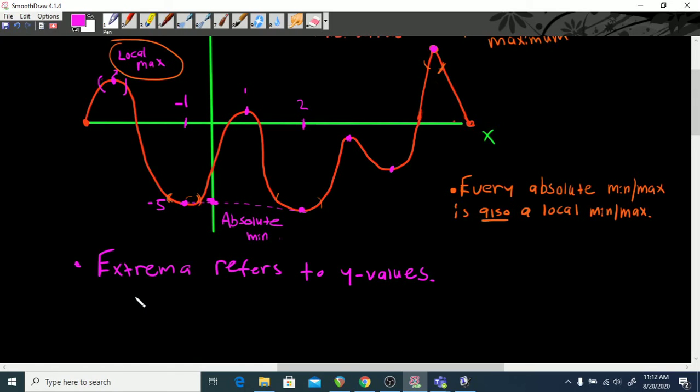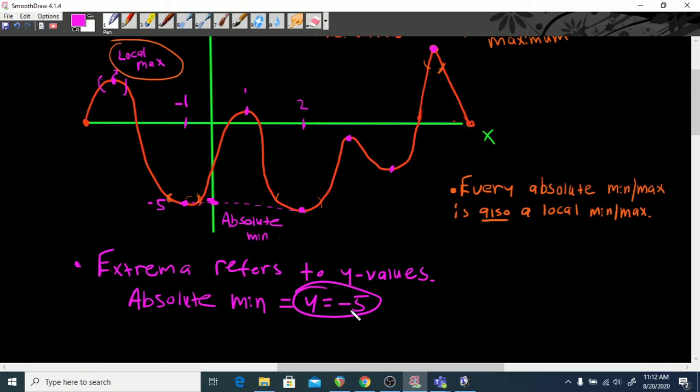There's actually only one. The absolute minimum value on this function, on this curve, is y equals -5.